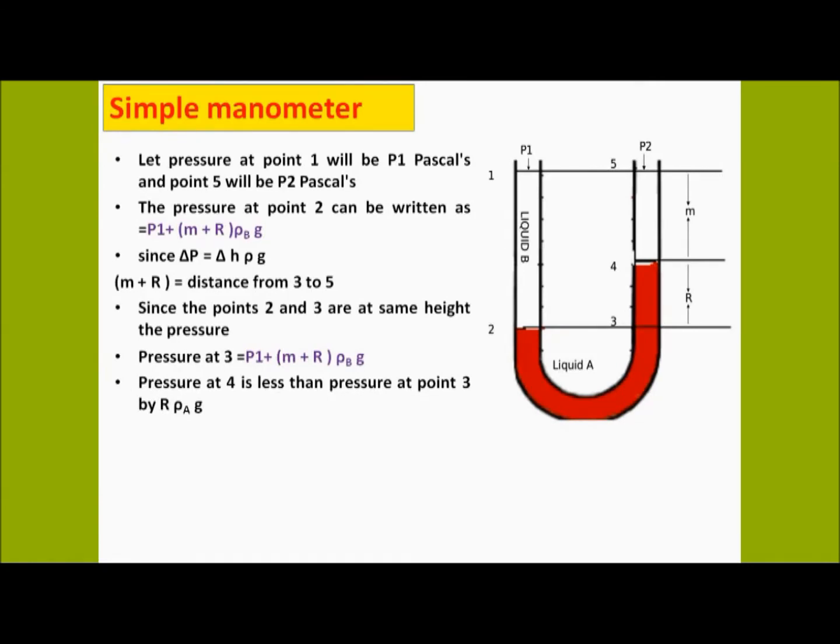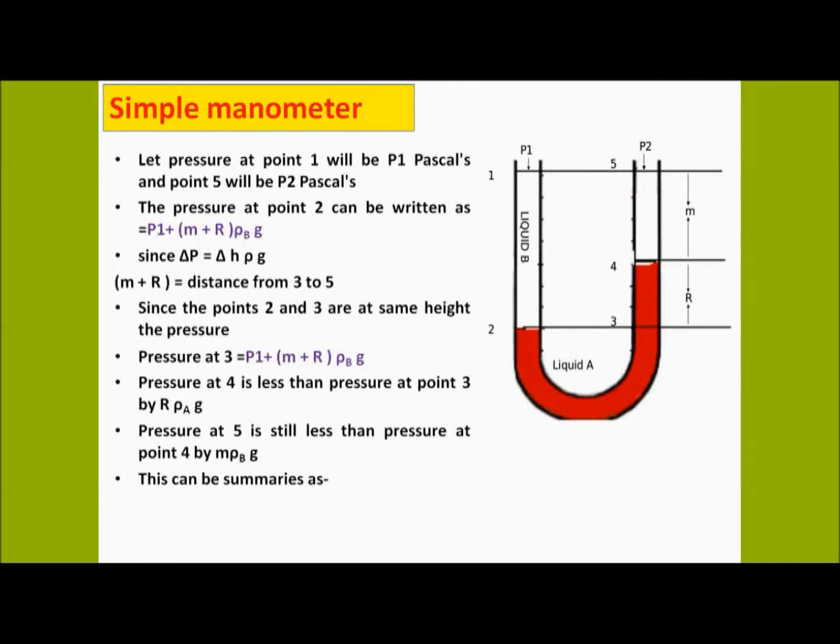Thus the pressure at point 4 is less than the pressure at point 3 by R, where R is the distance, into rho A, the density of liquid A, into G. Thus you see the pressure at point 5 is less than the pressure at point 4. Here, what is the difference of pressure? Simply distance M and density of B, that is rho B, into G. So this is the difference.